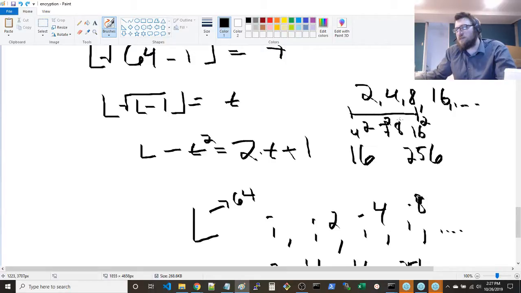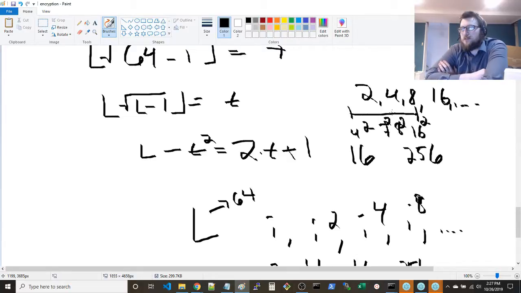Although the problem with this is the number of numbers between 4 and 16, even though there's a squared operation in between, there's a lot of numbers.